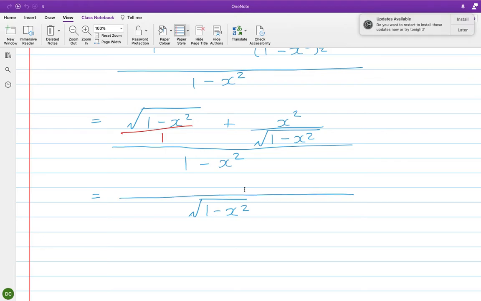So 1 into the square root of 1 minus x squared is the square root of 1 minus x squared. If I then multiply that by the 1 on top, I basically have the square root of 1 minus x squared, squared. So that'll simplify that a bit. And then this one, I'm not changing the denominator, so it's just plus x squared.